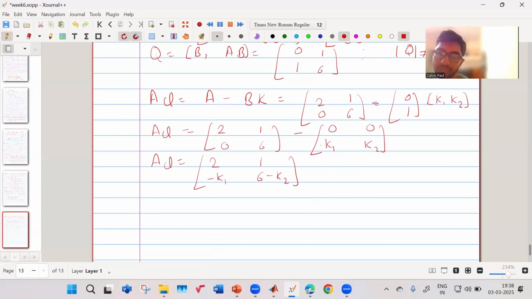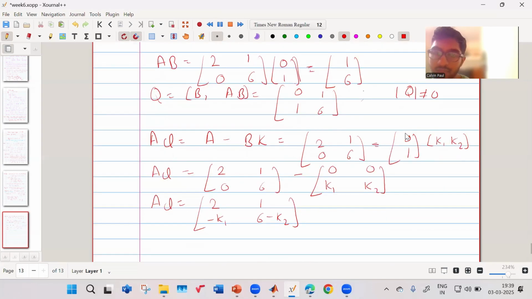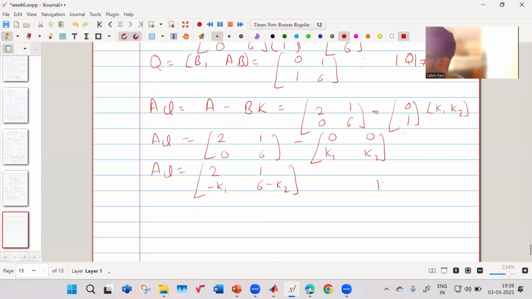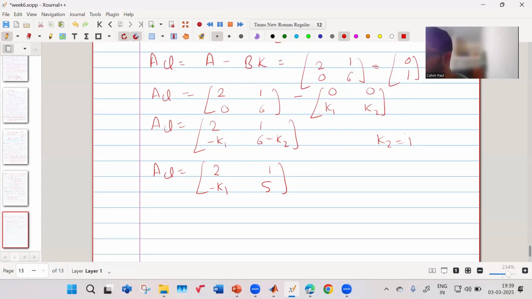We are told to take K1 and 1, so K2 is equal to 1. So A closed loop will then be equal to 2 minus K1, 1, and 5. So these are A closed loop, right? So sI minus A closed loop will be given by S, 0, 0, S minus 2, 1 minus K1, 5.